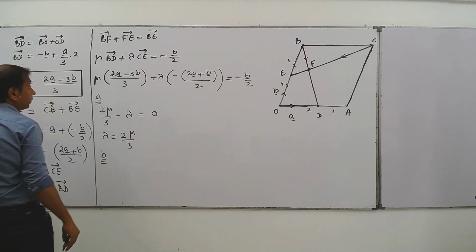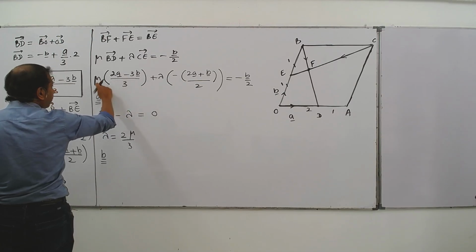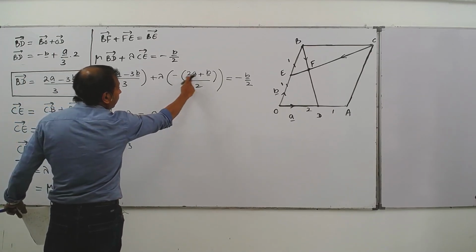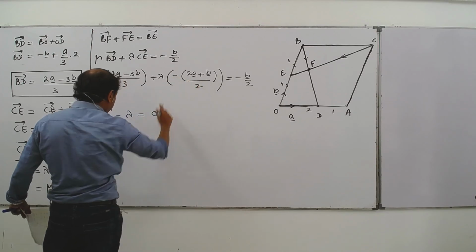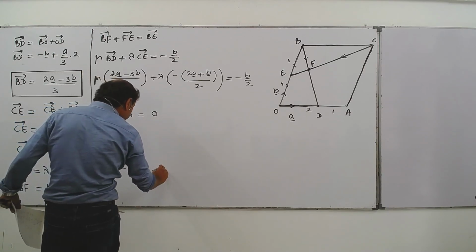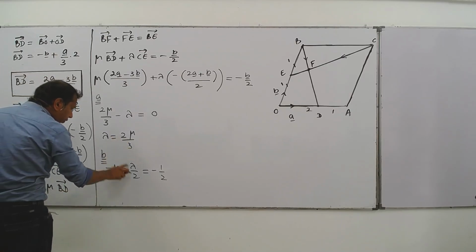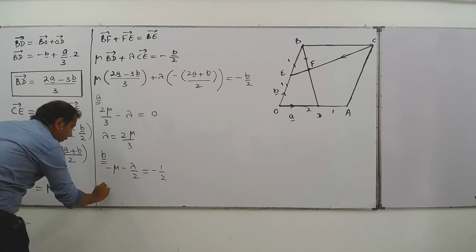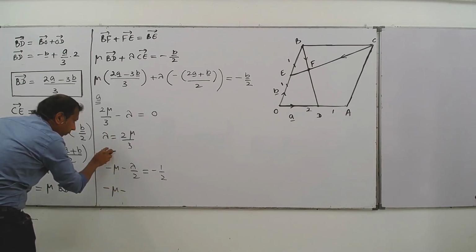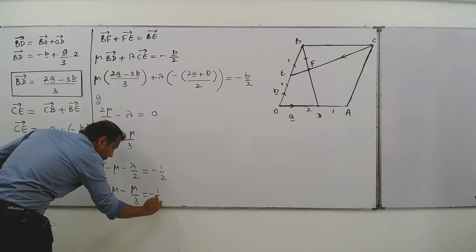And equating B coefficients: minus mu, and here minus lambda by 2, and the right hand side is minus half. Now in place of this lambda, I can put this: minus mu minus lambda by 2, then we get mu by 3 plus mu by 3 equals minus half.